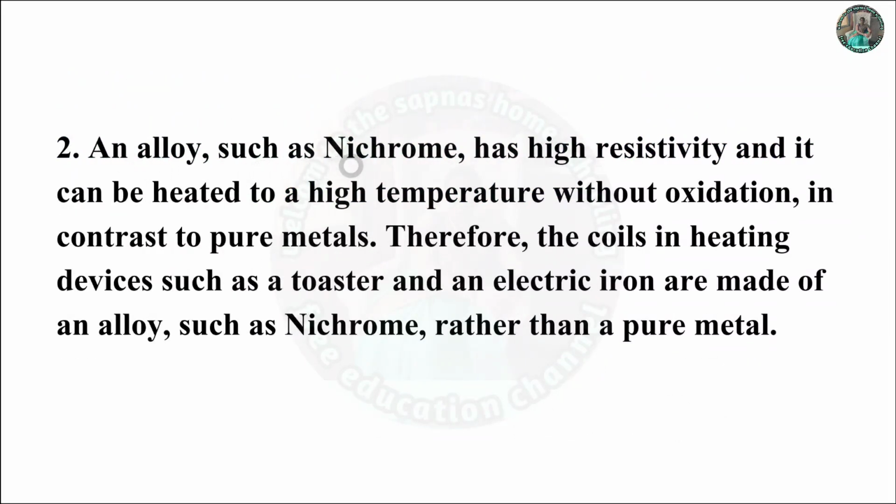An alloy such as nichrome has high resistivity and it can be heated to a high temperature without oxidation, in contrast to pure metals. Therefore, the coils in heating devices such as a toaster and an electric iron are made up of an alloy such as nichrome rather than pure metal.